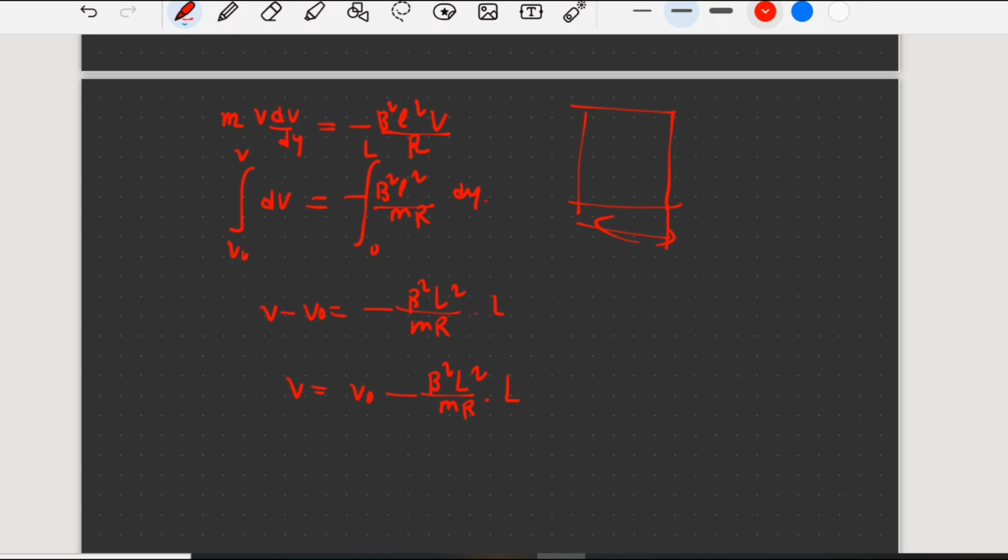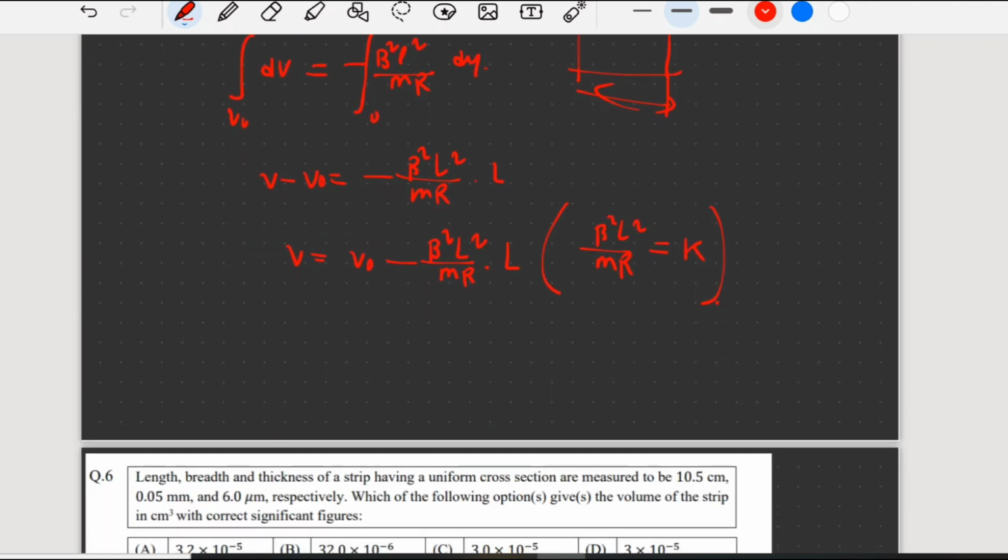Now in the question it is given that B square L square by mr is k.